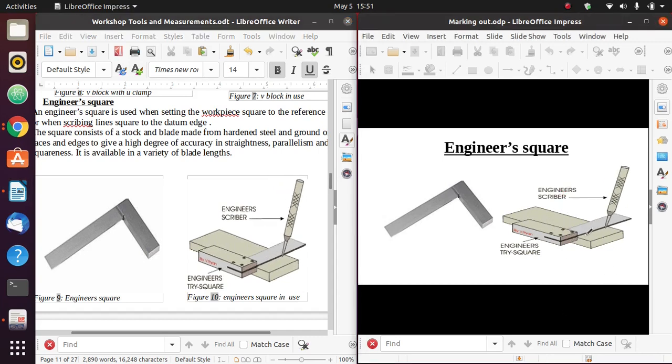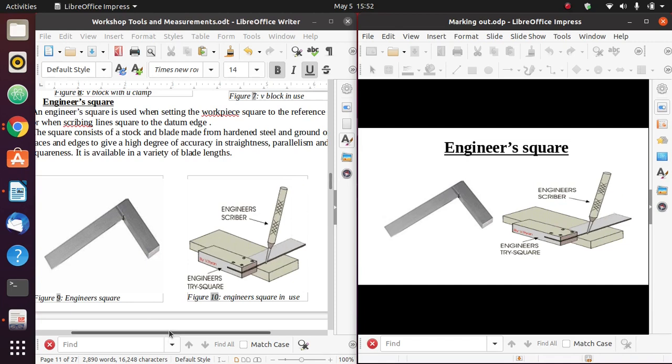I want it to be straight. What I'll do is I'll take this engineer square, place this stock, this is usually known as a stock, and we have a blade. I will place this stock onto the datum, ama the surface that I've said that I'll make my dimensions, ama I'll be taking my reference from, and this, let's say this is our datum. Kisha I'll be able to draw my lines straight, because above this will be 90 degrees to the reference edge.